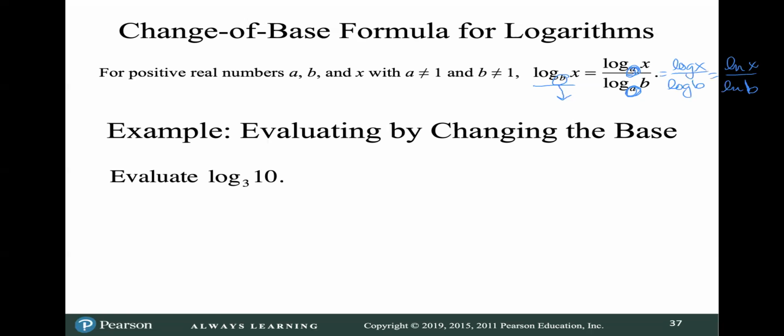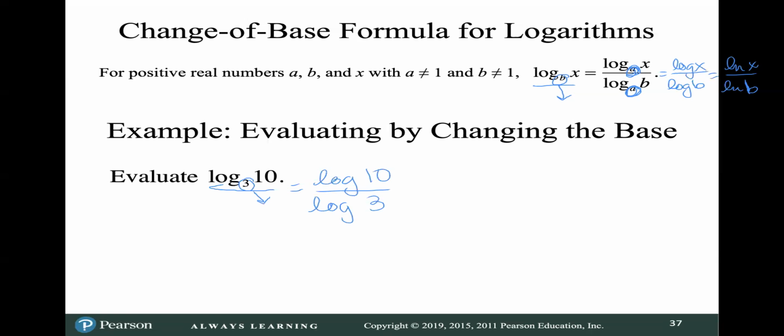So let's look at an example. I'm looking at this log base 3 of 10. Well, I can't put that in my calculator because it's not a common log and it's not a natural log. So I'm going to take base 3 and drop it down to the basement. Drop the base to the basement. So this becomes log of 10 divided by log of 3, and I could have chosen any base.